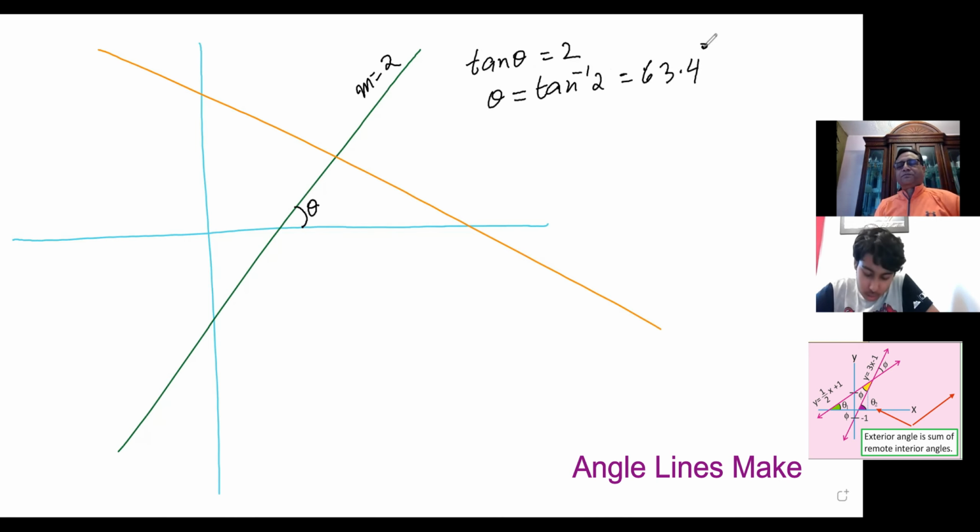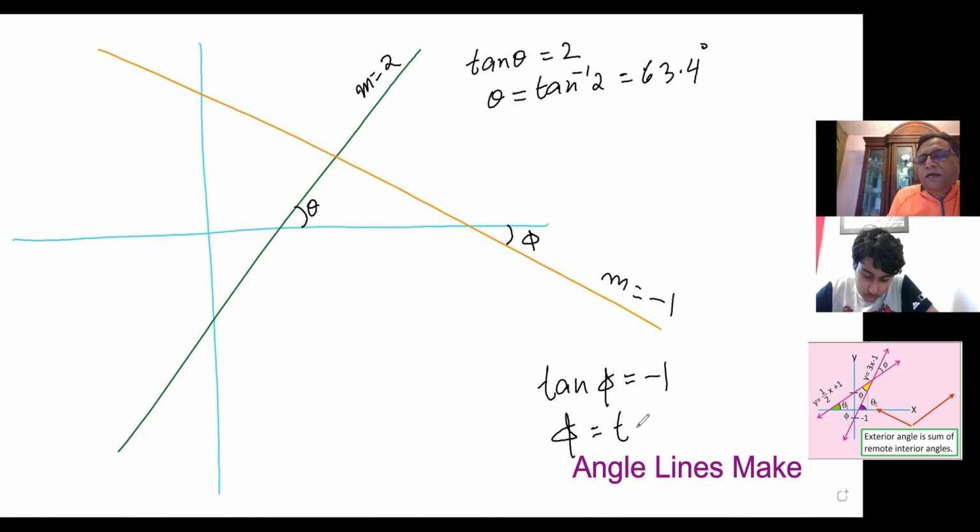Correct? Now the other slope was -1. So here the slope was -1, correct? When I use this angle, let us say this angle is phi, we do tan phi equals -1. Phi equals tan inverse of negative 1, correct? We get minus 45.